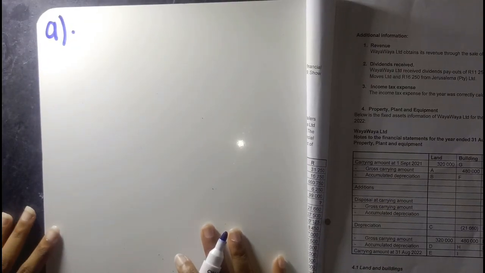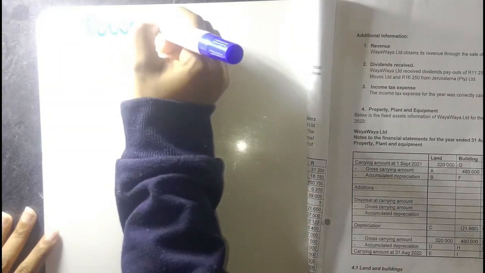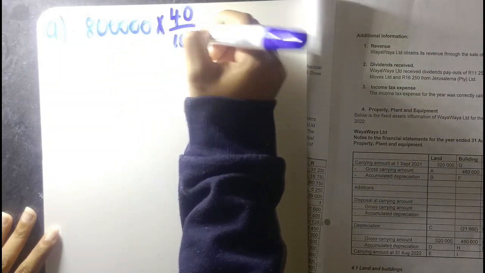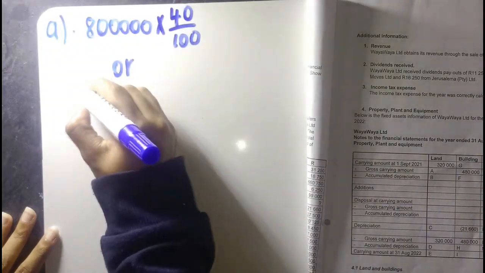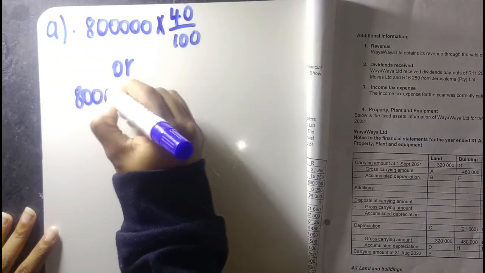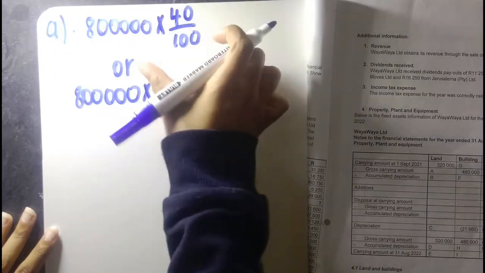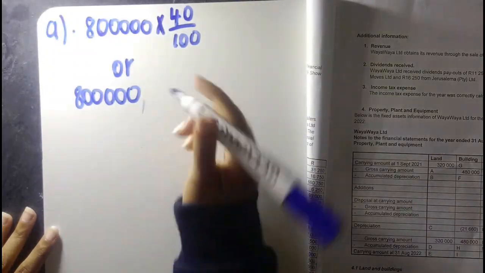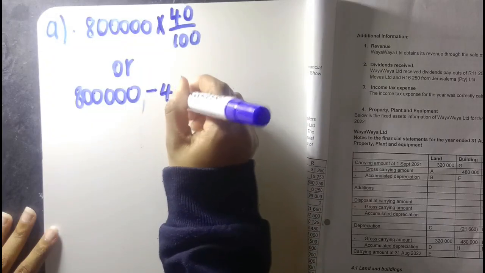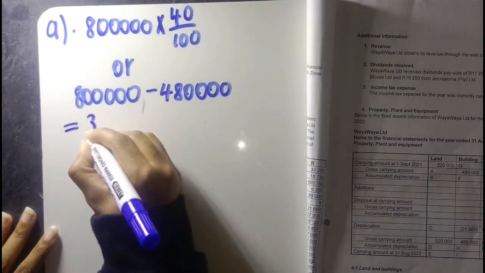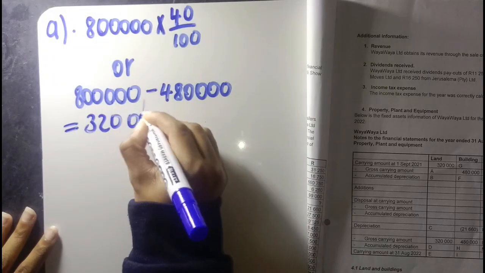You can say 800,000 multiplied by 40 over 100, or 800,000 minus 480,000, and for both you'll get 320,000.